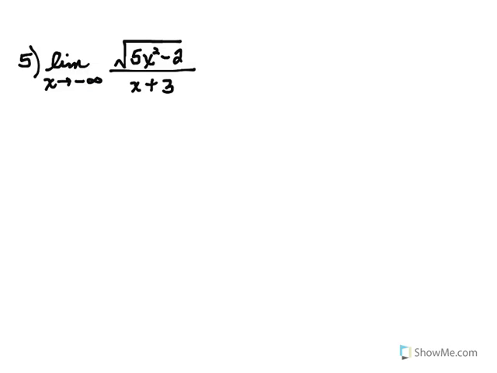Now this time we're doing the limit as x approaches negative infinity. Otherwise, we start out the same way in that we divide through by the largest power of the variable, which in this case is going to be x squared again. So up in the numerator, we're going to divide through by x squared.